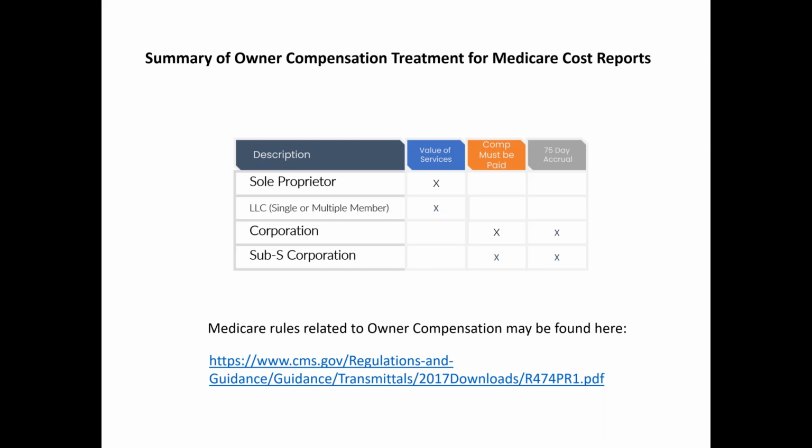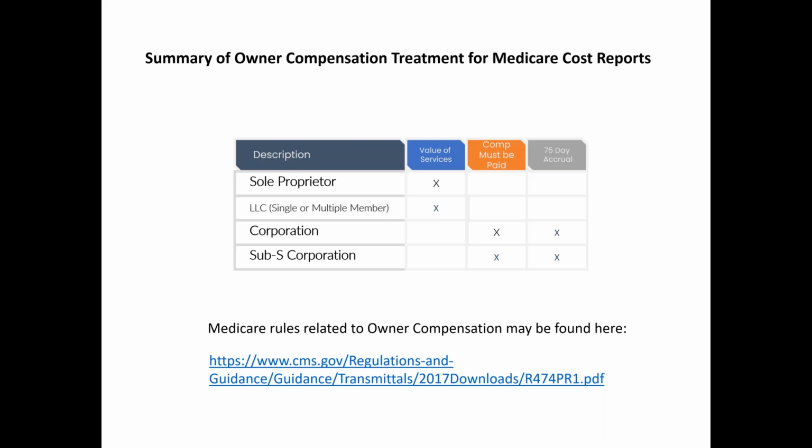And what value of services means is we compute how much that physician owner is worth using studies. And if he's worth $420,000 or she's worth $450,000, but we only have enough cash to pay him $200,000, we make an adjustment on the cost report to say Dr. Trent was worth $450,000.